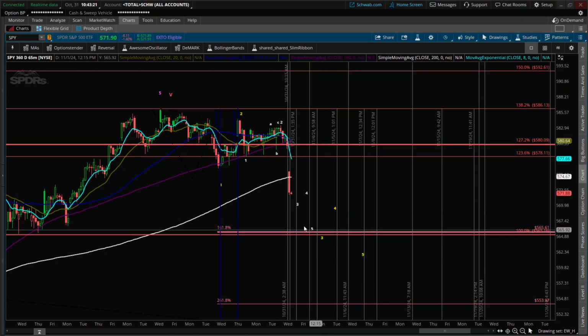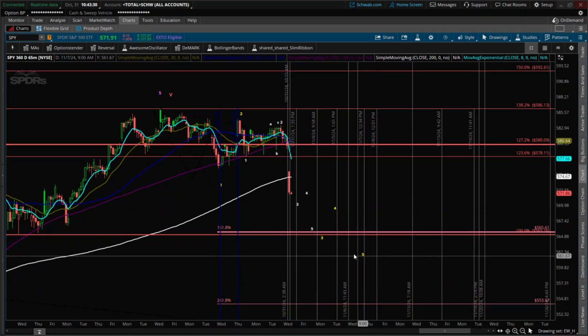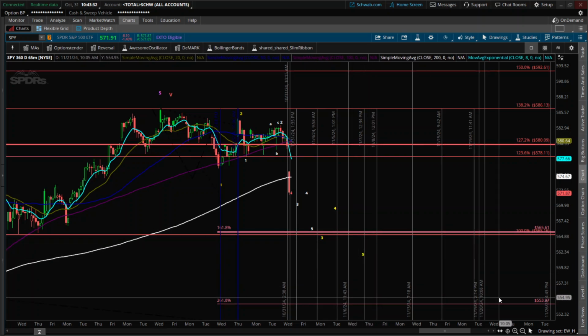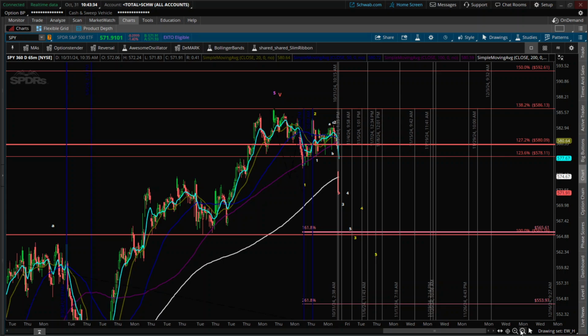I think this is a high probable trade to come into here, and then things are going to get kind of wacky. What I worry about is that this starts to stretch out, and wave 5 actually could be longer than wave 3, as long as wave 3 is not the shortest.